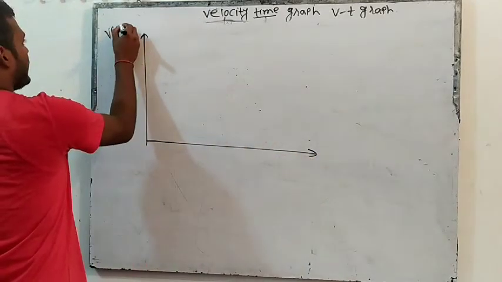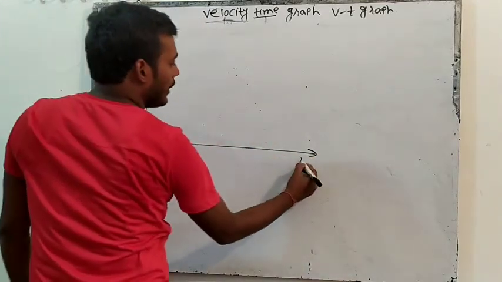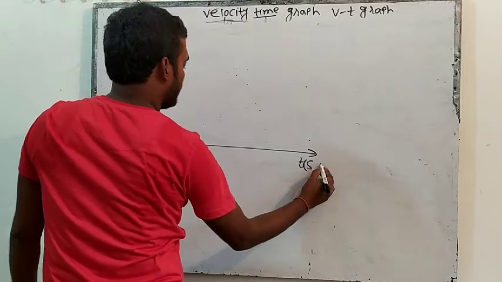Let's say this is velocity in meter per second and this is time in second.